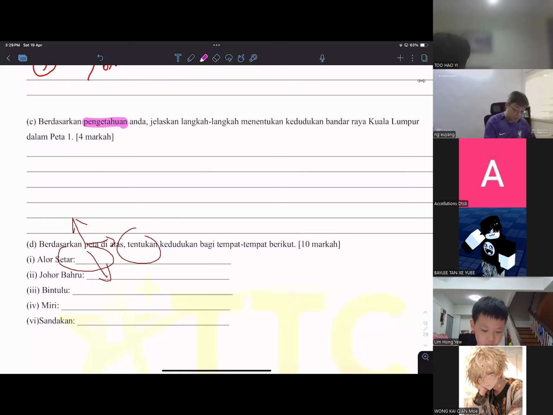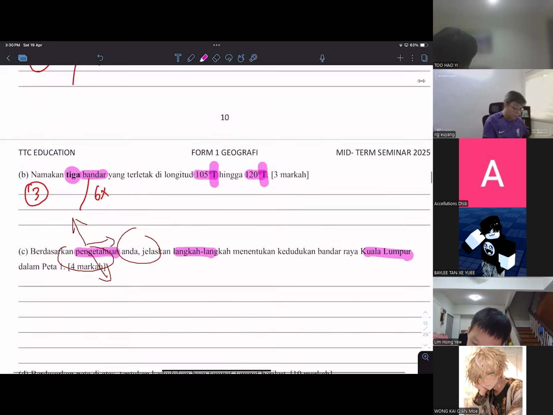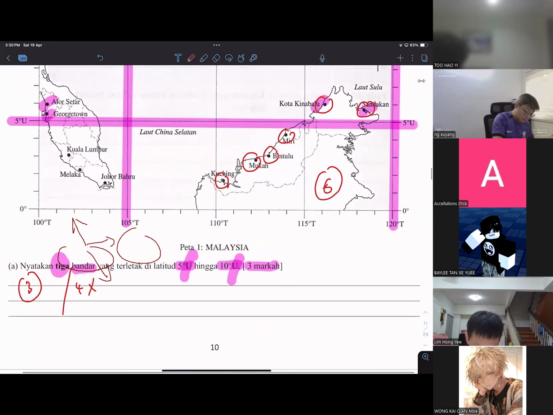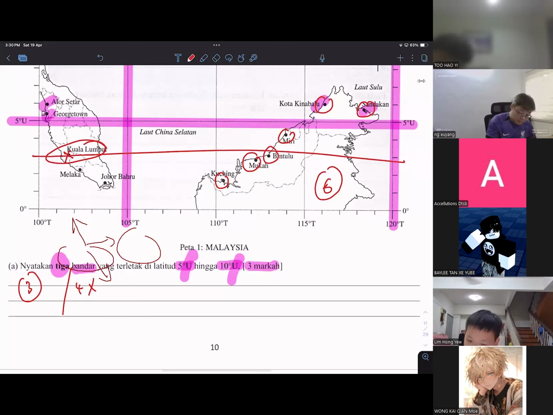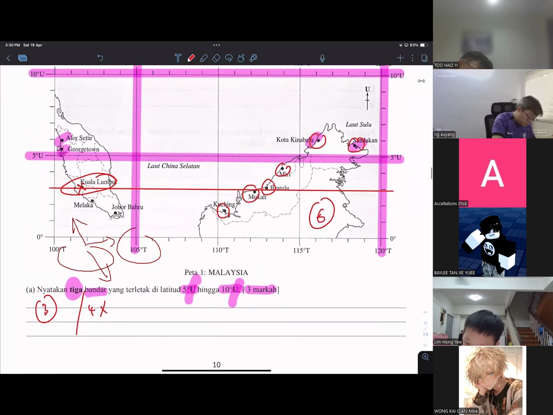Next, 4 marks again, depending on your knowledge. What are the steps to determine the position of the city of Kuala Lumpur? This is Kuala Lumpur. So guys, what is the first step? I already mentioned, always start from the latitude first, and then the longitude. What is the latitude for Kuala Lumpur?